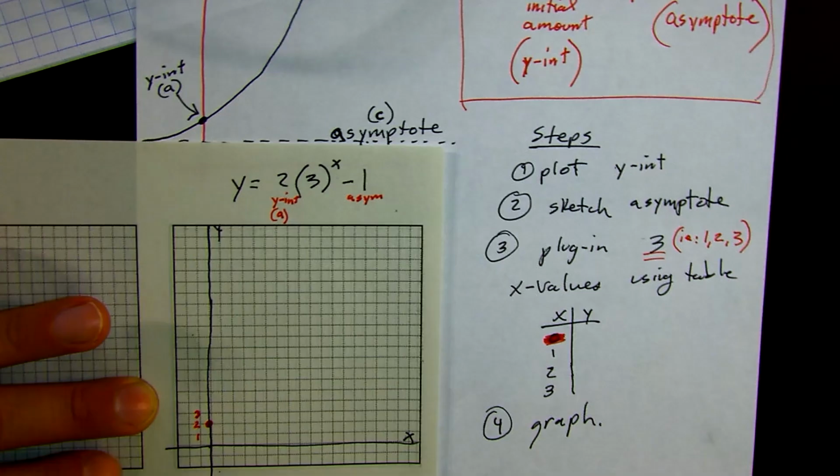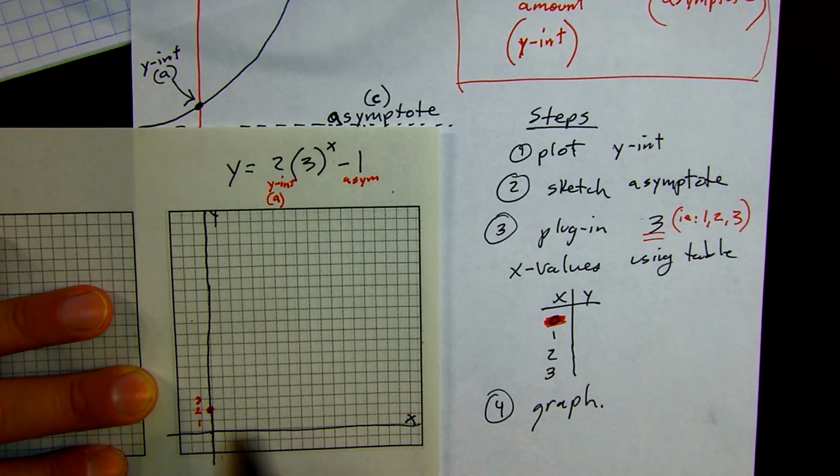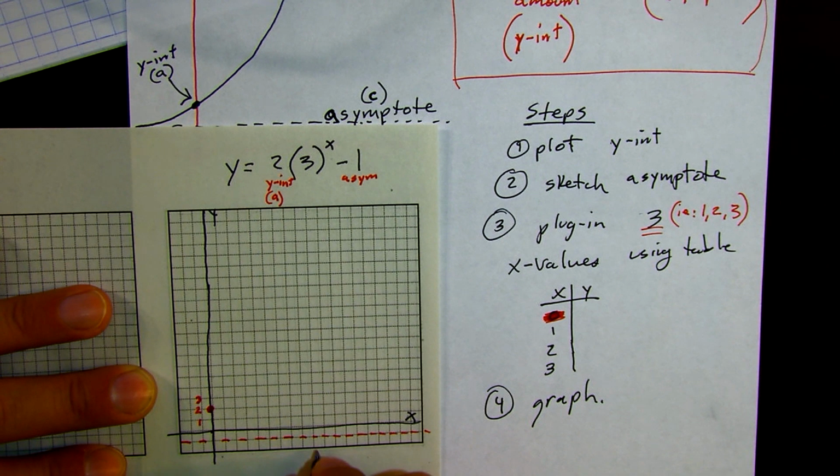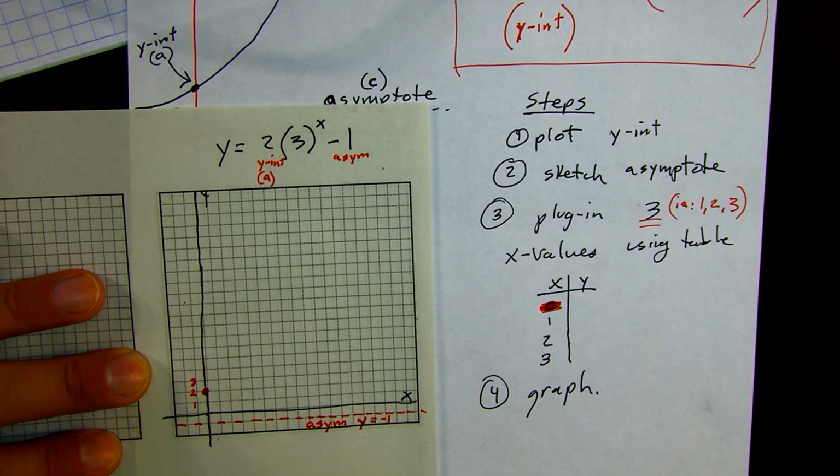Asymptotes are always going to be horizontal lines, so we'll go here at -1 and put a dashed line. Asymptotes, I want you to do dashed. Okay, this is our asymptote, and it's equal to y is equal to -1.